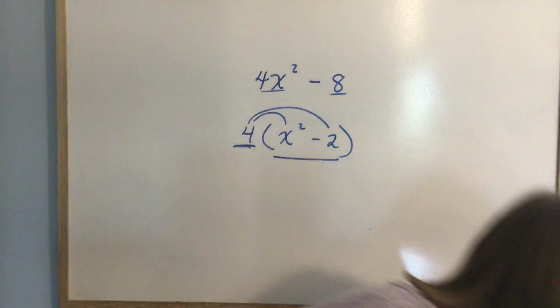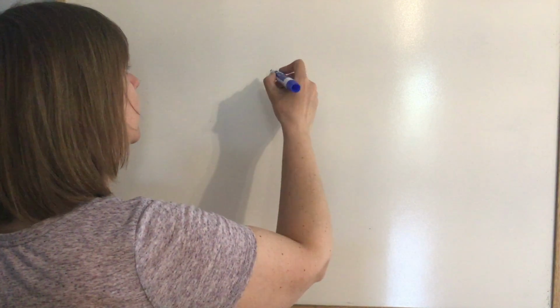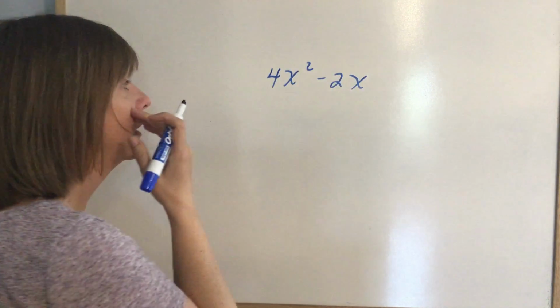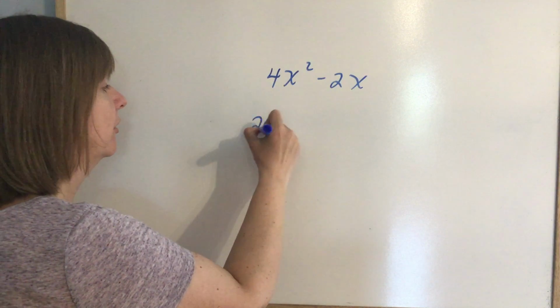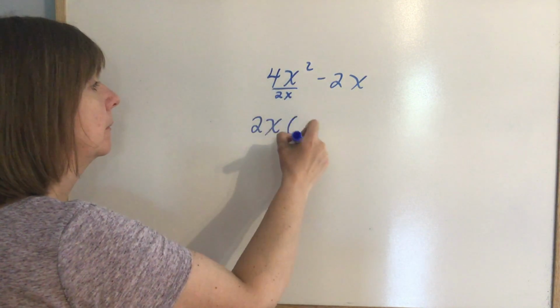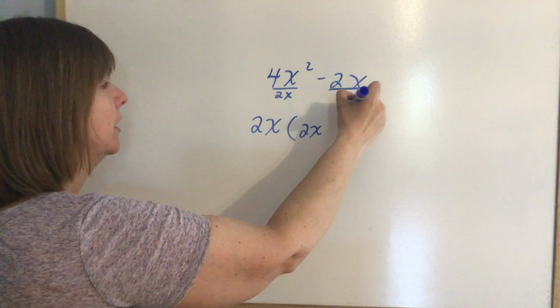One thing that people don't do, if it was 4x squared minus 2x, the common factor to this is actually 2x, because I can divide this by 2x and I get 2x. And I can divide this by 2x.